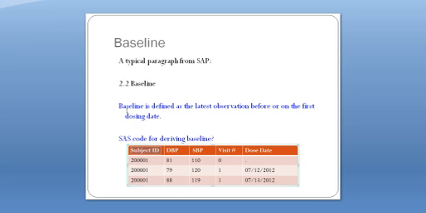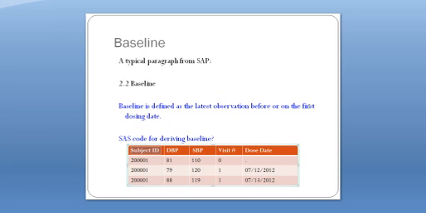So baseline is defined. If you look at the definition, baseline is defined as the latest observation before or on the first dosing date. Be very careful about this: before or on the first dosing date.